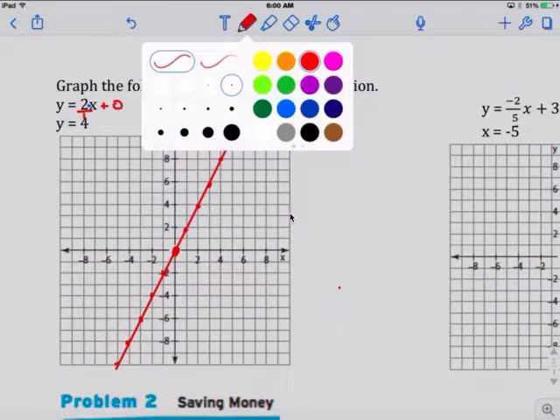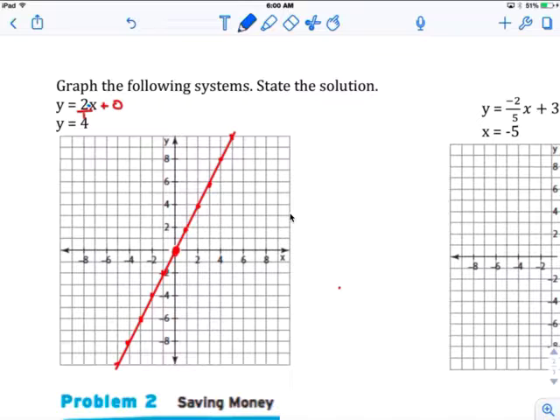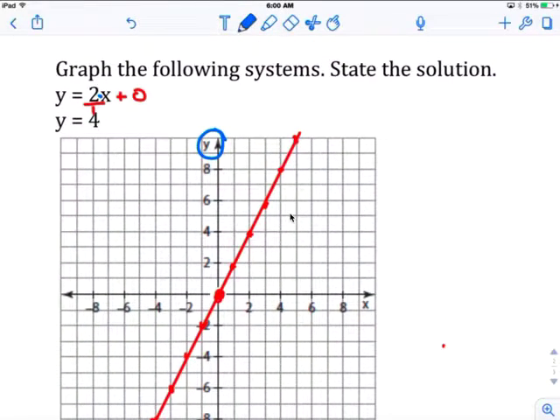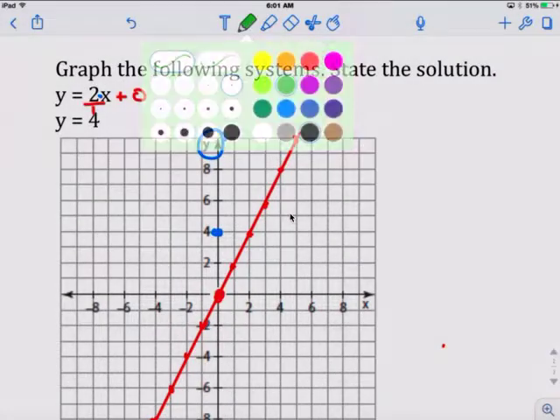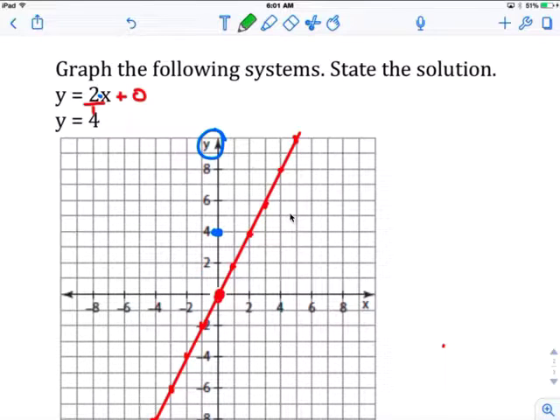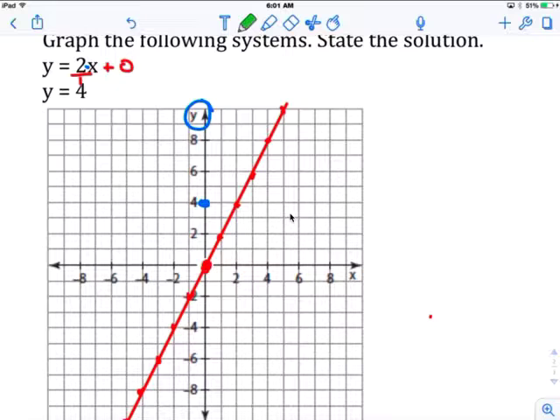Then y is 4. Y is 4 right here. Now, when you do this, I remember when I was young, I didn't know if it's a horizontal or vertical line, and then I would try vertical line. I go, oh no, I can't graph the y line again. That's wrong. So it has to be a horizontal line.